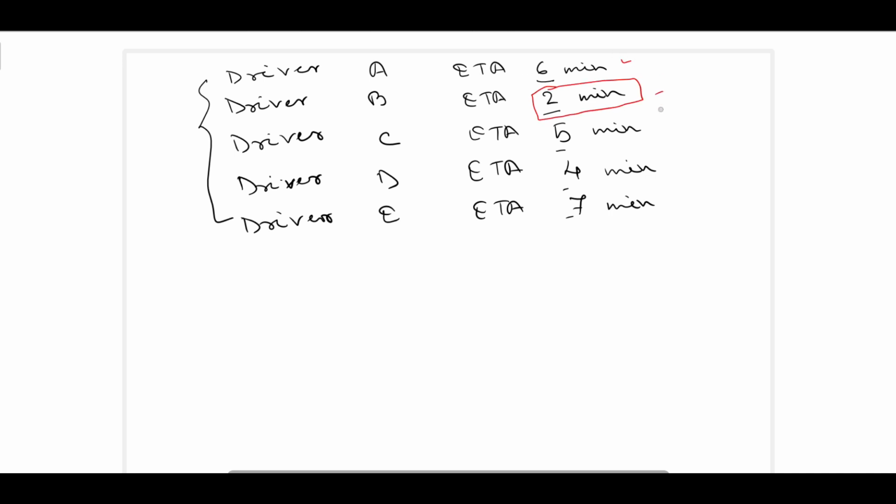But software engineers usually ask, can we organize this data better? This is where a priority queue becomes useful. Think of this as a collection that always keeps the highest priority item at the top. In our case, highest priority means the smallest ETA. So whenever we ask who is the best driver, the answer is immediately available: the driver at the top.